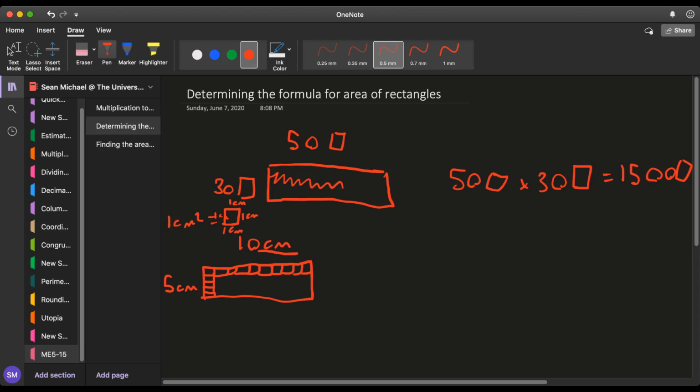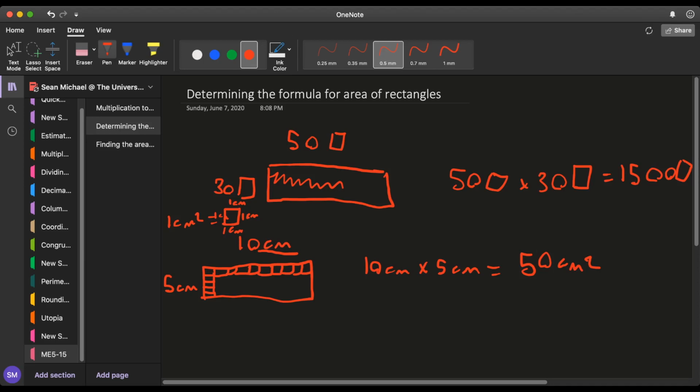So if we were going to do this, just like what we did before, we can just go, okay, well, 10 centimeters times 5 centimeters equals 50 centimeters, and it's centimeters squared, right? Because we're finding the area. And that gives you centimeters squared, so 50 centimeters squared. So it's pretty easy, right?